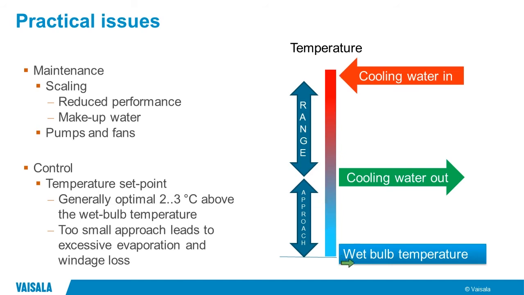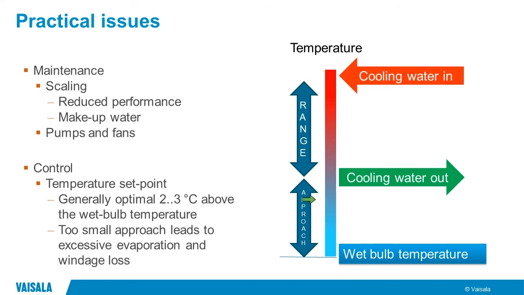The wet bulb temperature will tell you the theoretical minimum temperature that you might get out. But in practice, these cooling towers are not 100% effective, so there's a temperature differential that you will leave there, so the cooling water will actually come out a little bit higher than the wet bulb temperature, and this is called the approach.